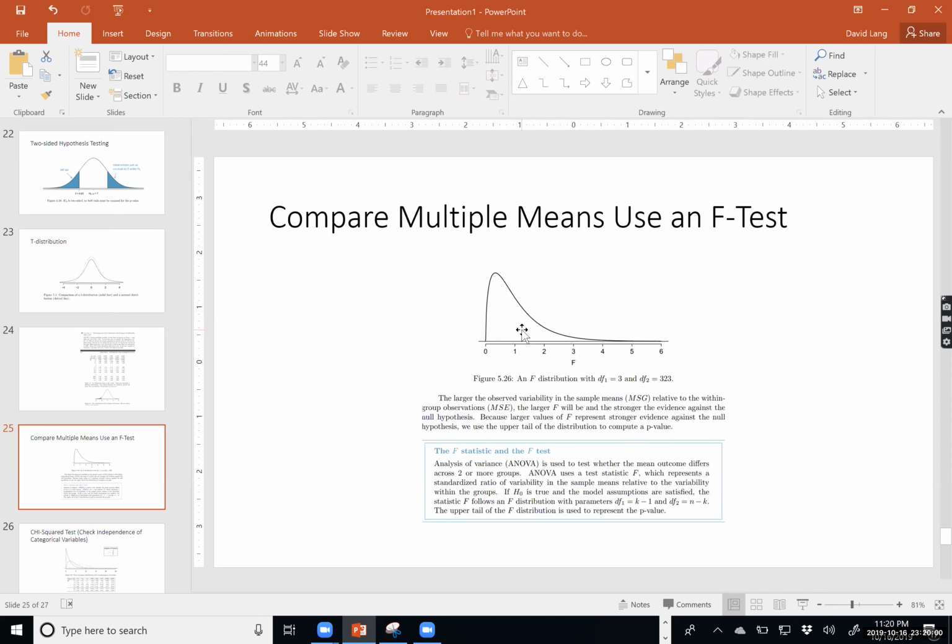And again, typically you'd want to use an F-test when you're comparing multiple means, and this holds more weight and more importance when we get to linear regression, where there are going to be lots of coefficients that we're going to be using all at once.